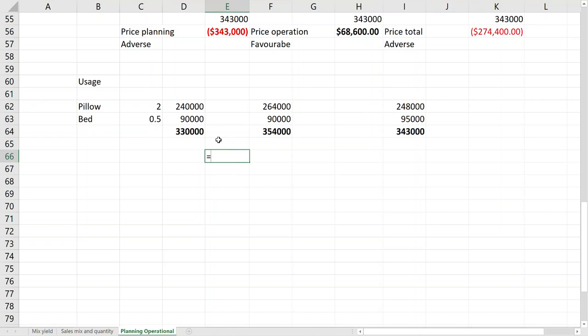Now we have a total variance of 24,000 adverse, and we have usage operational 11,000. Okay.